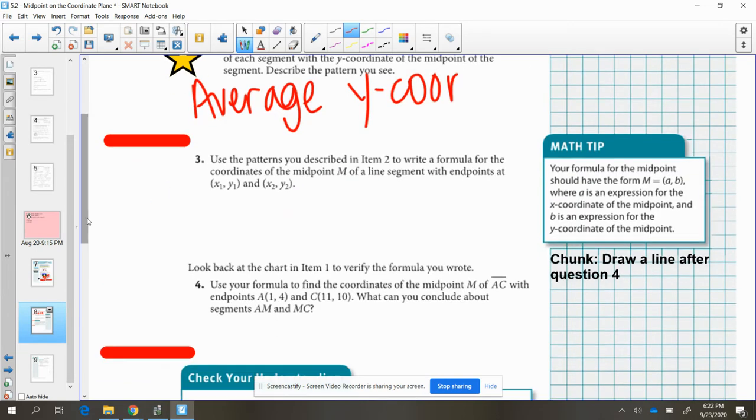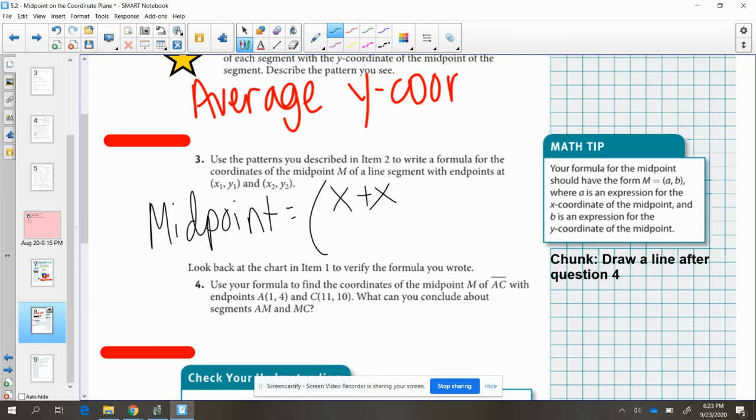In other words, in order to find the midpoint each time, we need to take the two X values, add them up, and divide by 2, and take our two Y values, add them up, and divide by 2. Sometimes you're going to see it written as x1, y1 plus x2, y2.